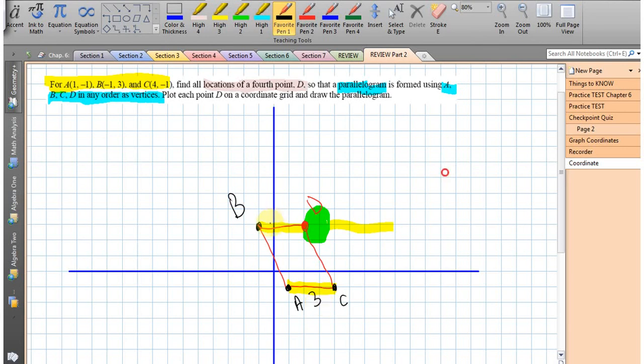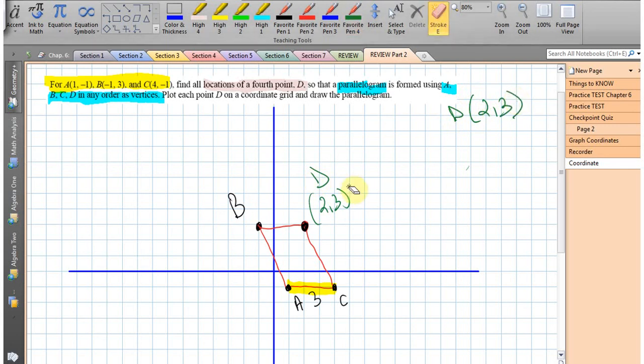So the length of this particular segment here has to be 3 units as well. Therefore, what do we know about point D? It is definitely located at 2, 3. That is just one possible scenario of where D is, and I'm going to put that up here. D could be at 2, 3.